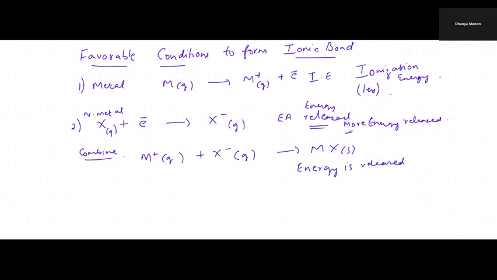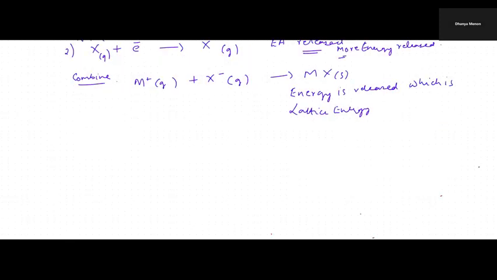Which is called lattice energy. When the gaseous cation combines with the gaseous anion to form an ionic compound, the energy released is called lattice energy. Lattice energy is the energy released when 1 mole of an ionic compound is formed from the ions. Calculation is there.